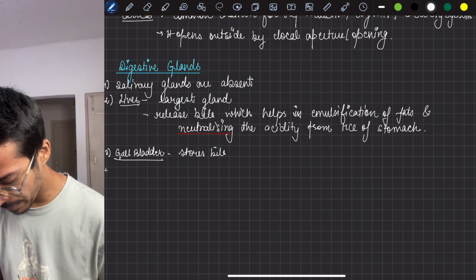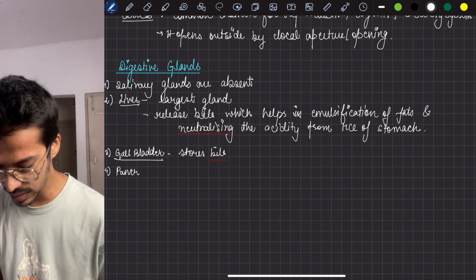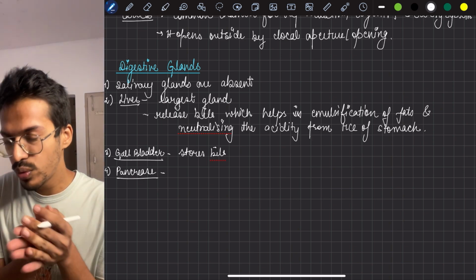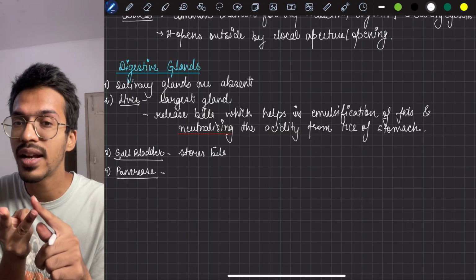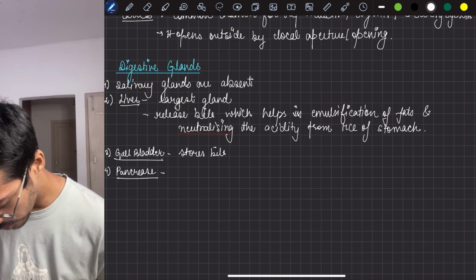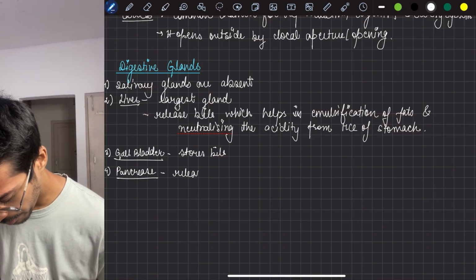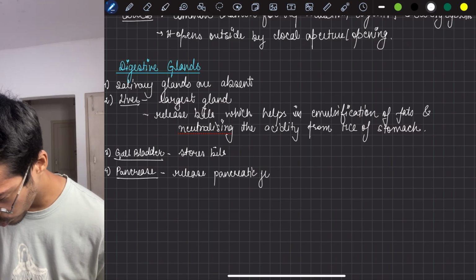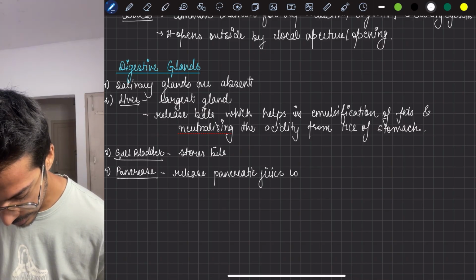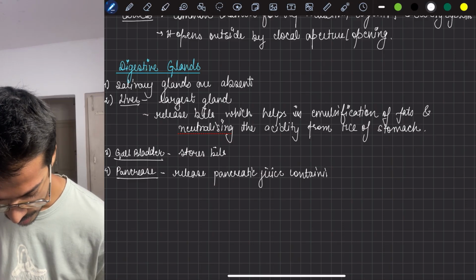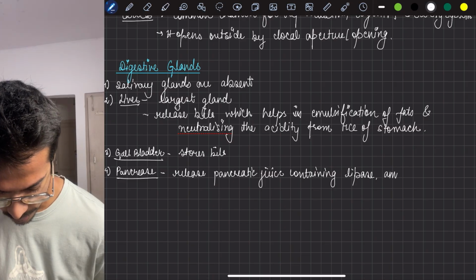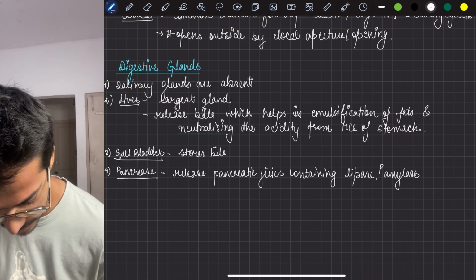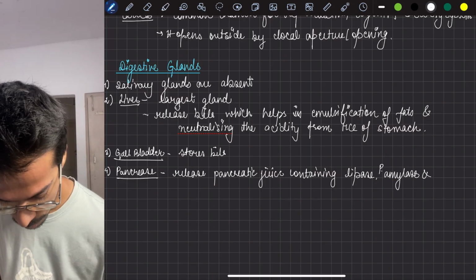After that, the next is the pancreas. The pancreas will release pancreatic juice, which contains different types of enzymes: fat digesting, protein digesting and carbohydrate digesting ones. It contains lipase, amylase, which is pancreatic amylase, and protease.